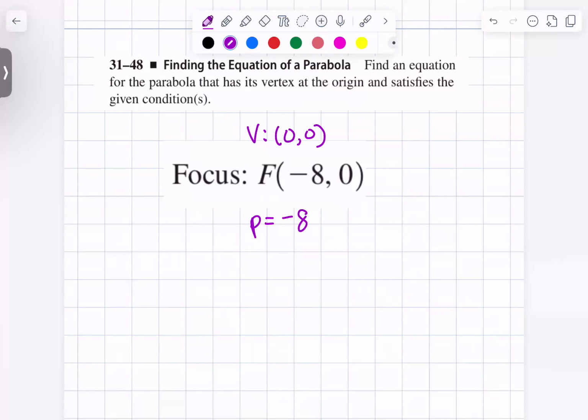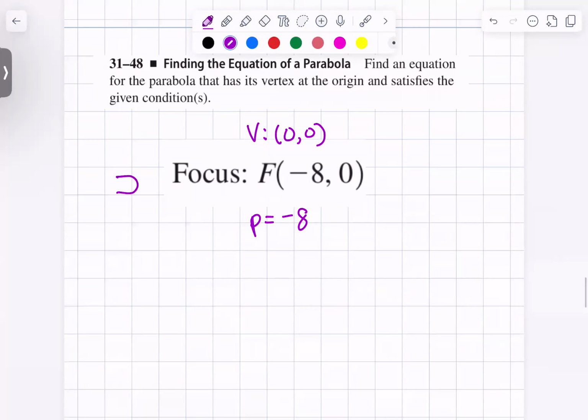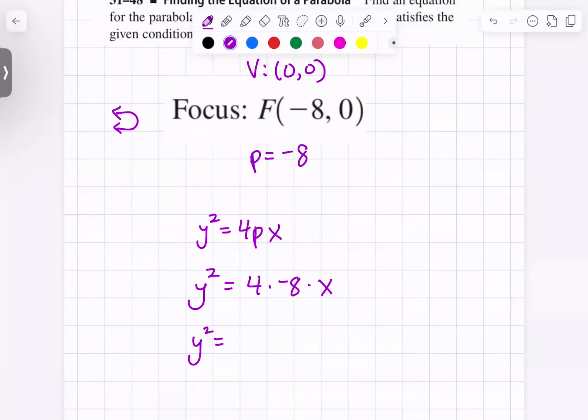Is it facing up, down, left, right? To the left. So with a left or a right one, I know it's going to be y squared equals 4px. So this is y squared equals 4 times -8 times x, which is y squared equals -32x. Okay. Cool.